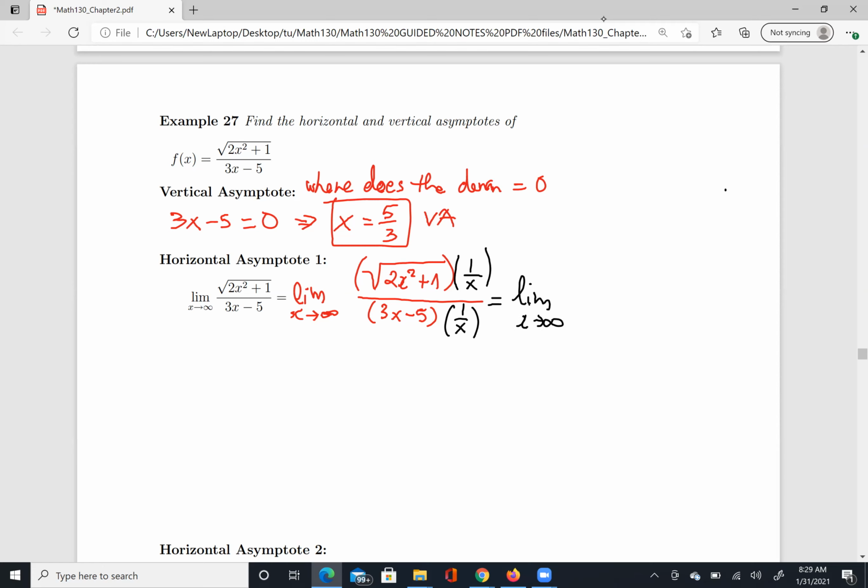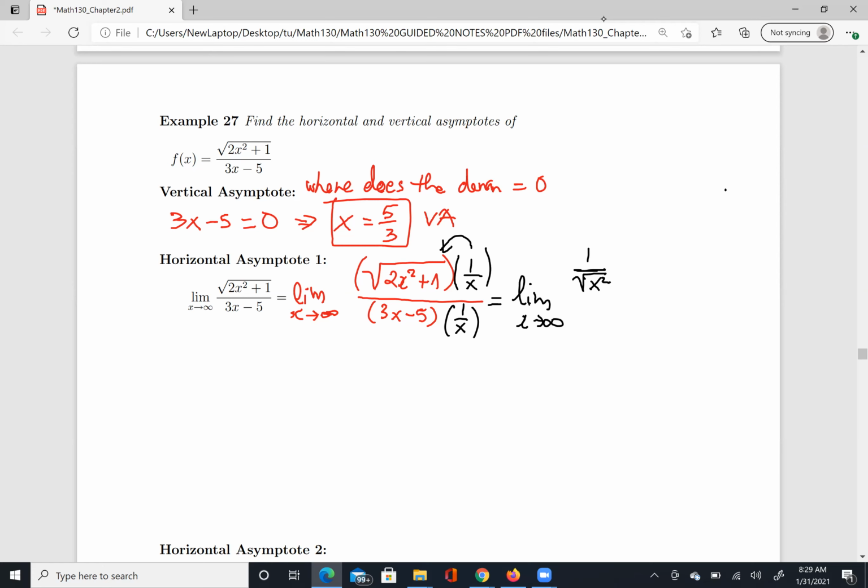If you try to put 1 over x into the radical, you need to make sure 1 over x is changed to be the same radical, which is 1 over the square root of x squared.